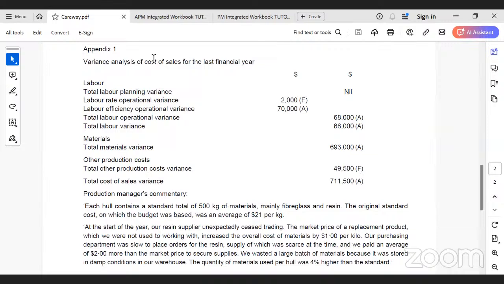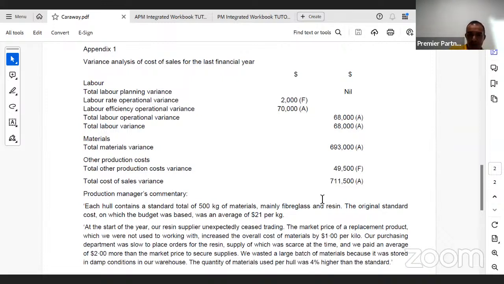All right, so let's get to the answer. I hope you have this question with you. Let's make a note of this. Each hull contains a standard total of 500 kilograms of material, mainly fiberglass and so on. The original standard cost on which the budget was based was an average of 21 per kg.